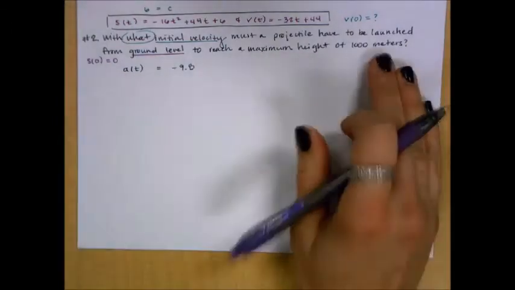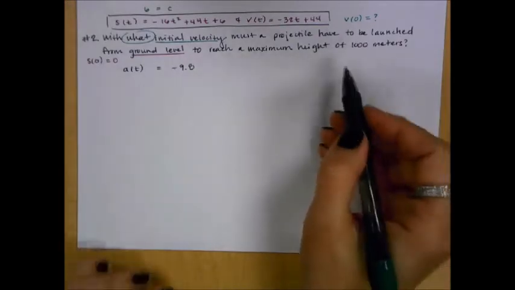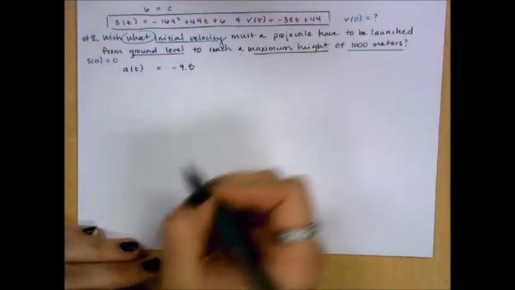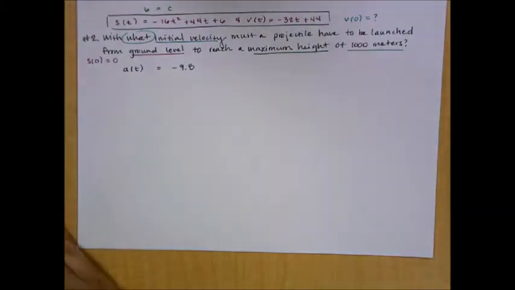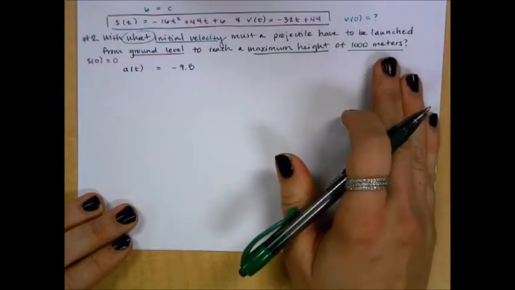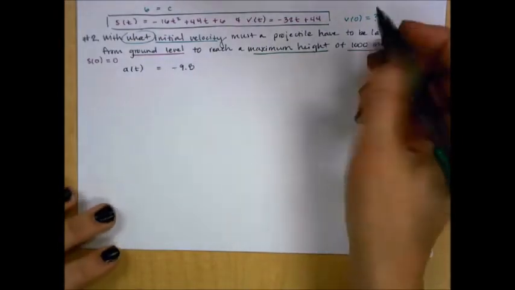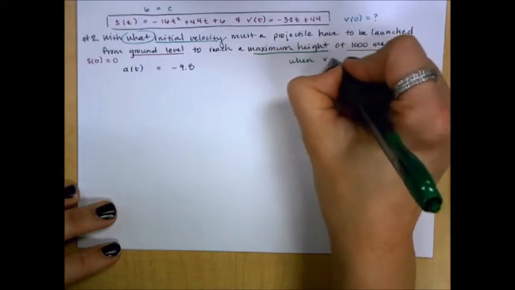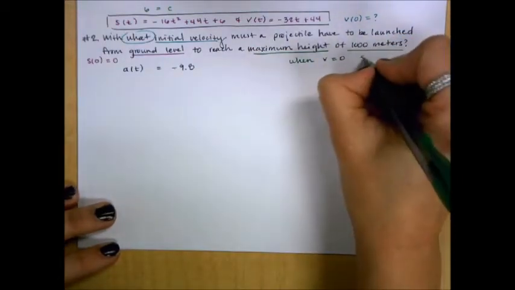So like we did earlier, maximum height of 1,000 meters, so we're talking about at the very top, when the velocity is 0, we want our position to be 1,000. So we're looking at when velocity equals 0, the position is equal to 1,000.